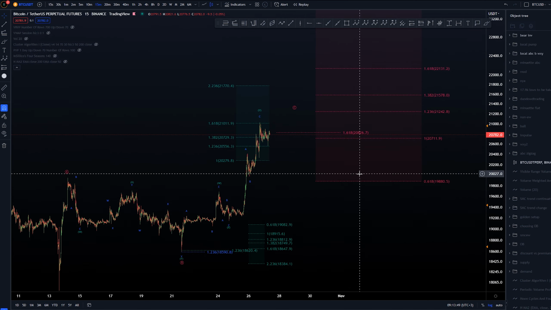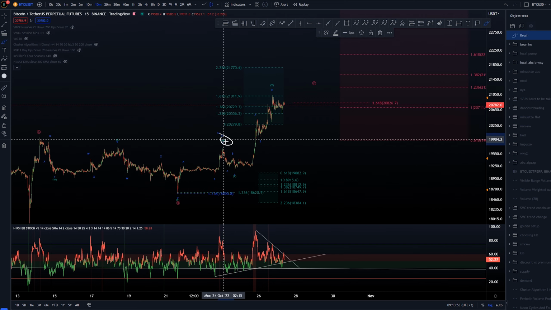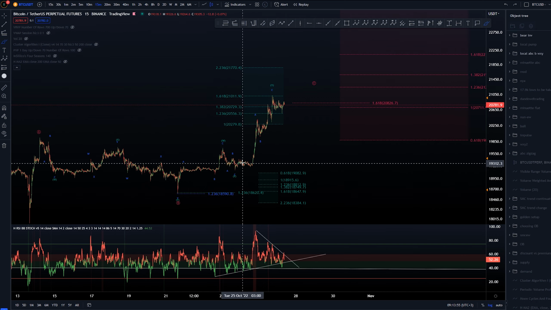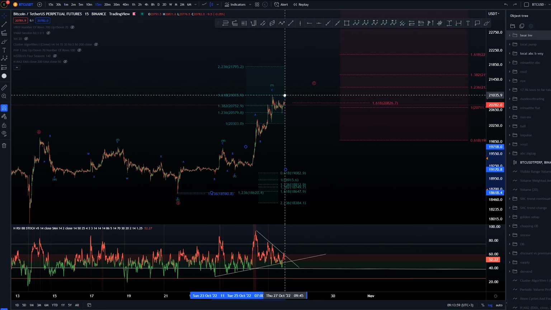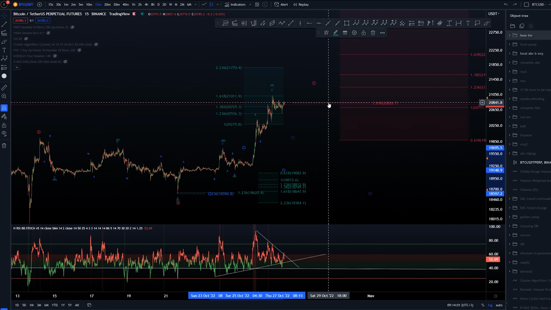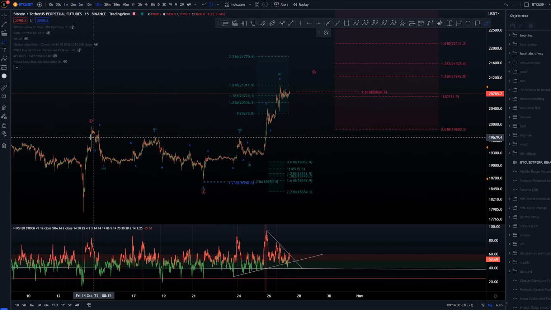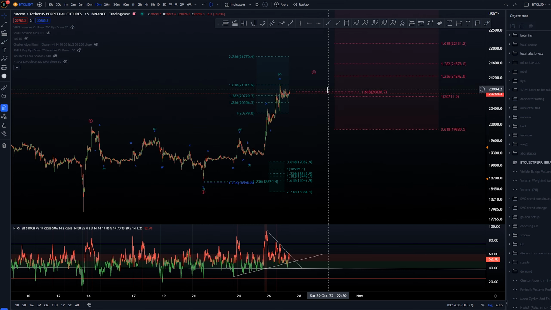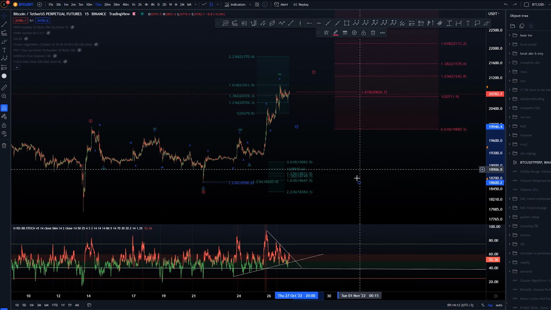I want to point out that we had also the other option of having this as an ABC into a W, 3-way into X, but now we have already hit the 1.618 retracement of this wave B here. So we can't really have that, at least on my system, on my strategies.